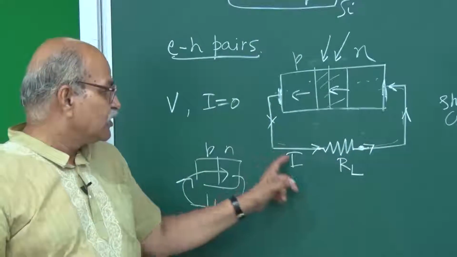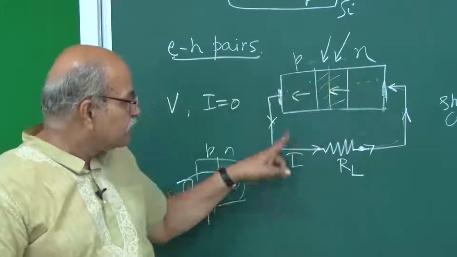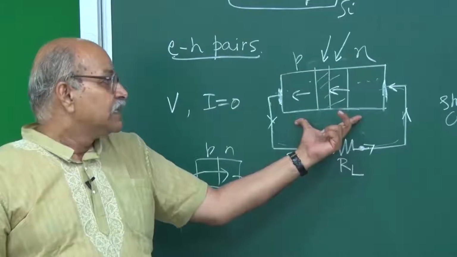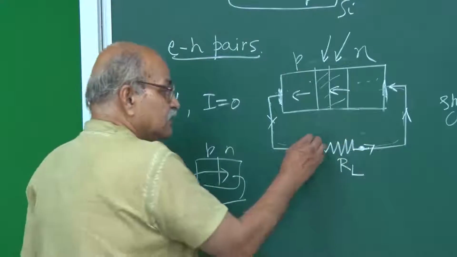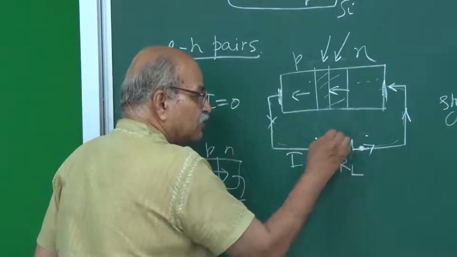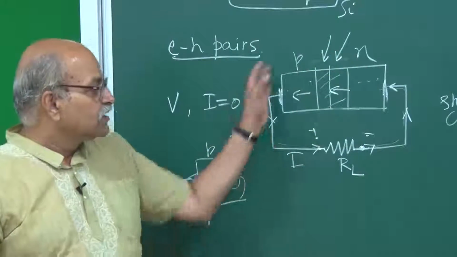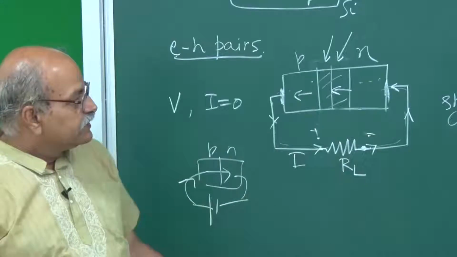And since the current is going this way, you will have a larger potential here, smaller potential here. So, you have a potential difference on this p-n junction as if you have given a forward biasing. This is the higher potential side and this is the lower potential side. So, as if you are giving some kind of forward potential, and because of that the current will be changed.